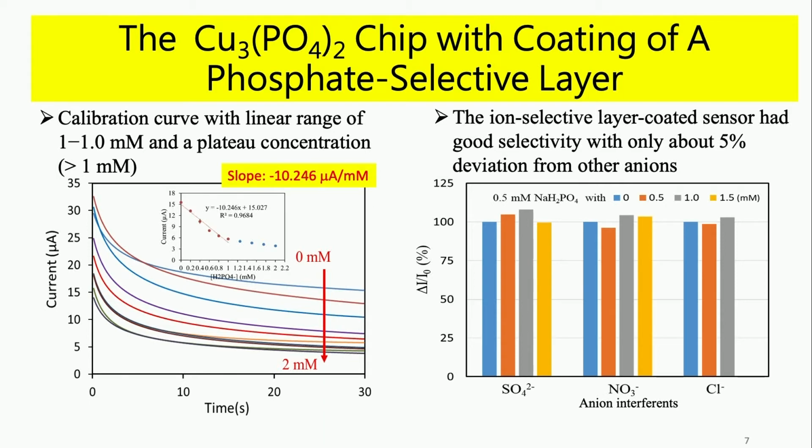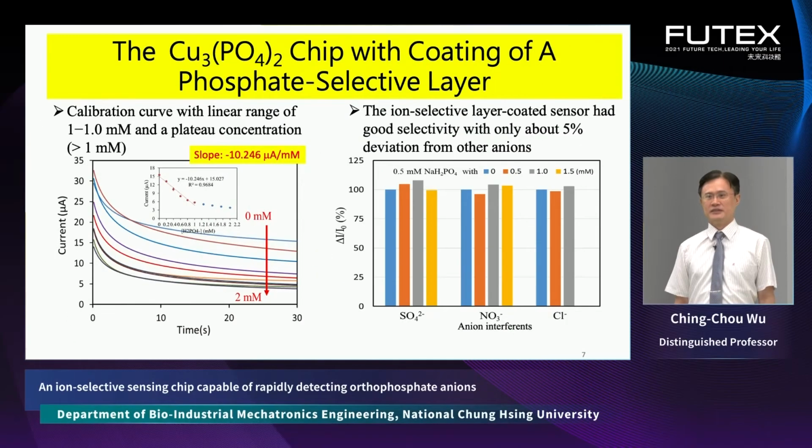And then the right-hand side picture shows the effect of interference by other anions on the measurement. So when you compare the response with the phosphate solution, the deviation is quite small, only 5%.